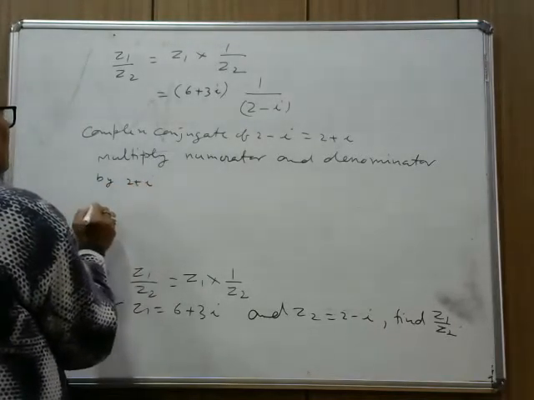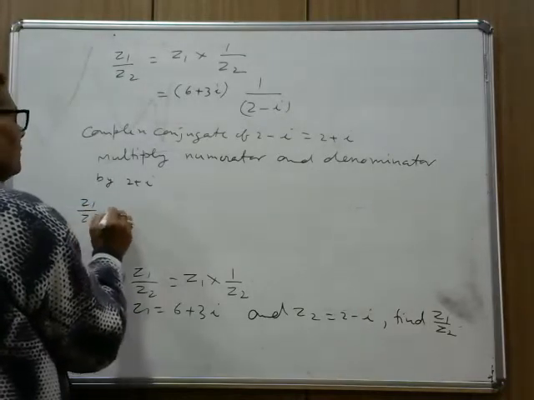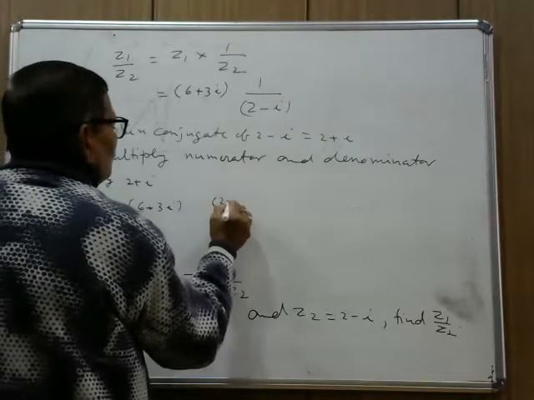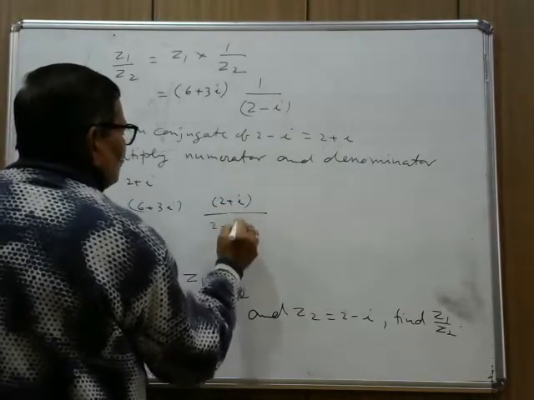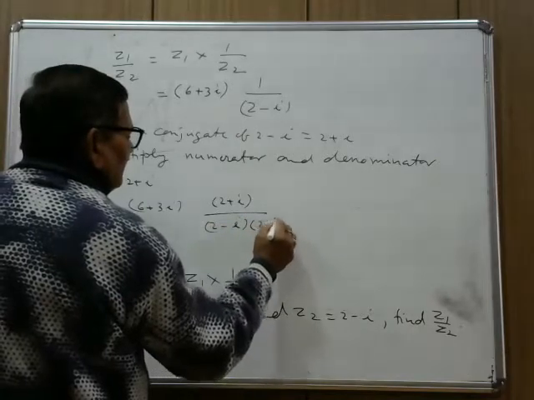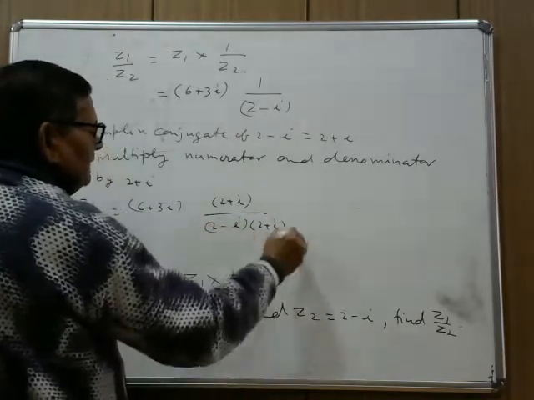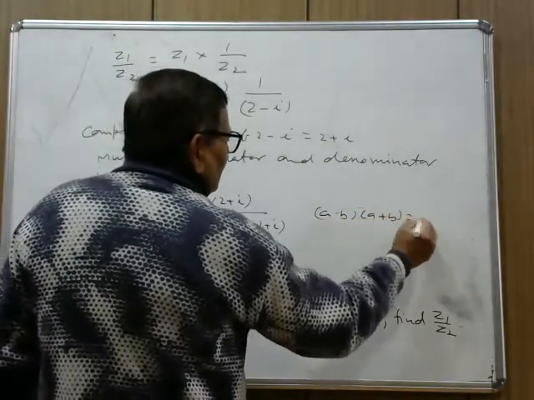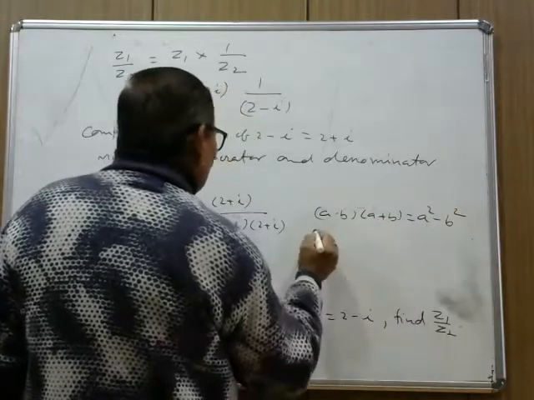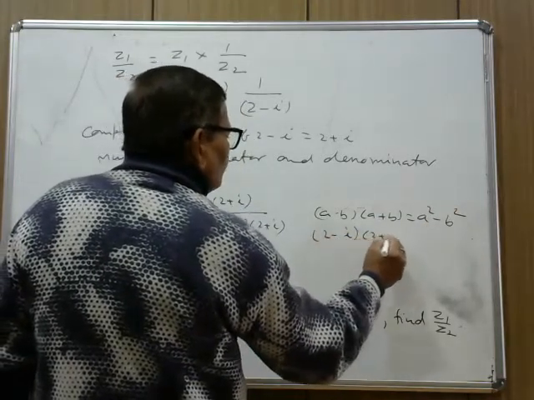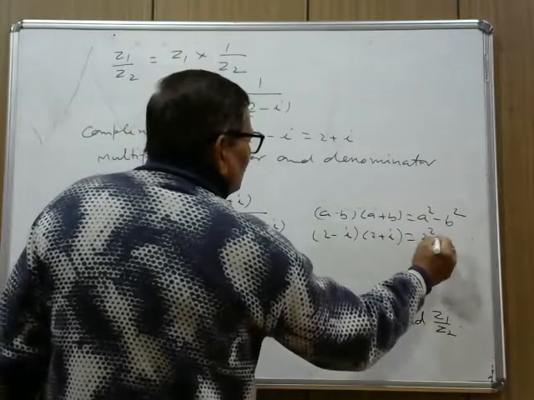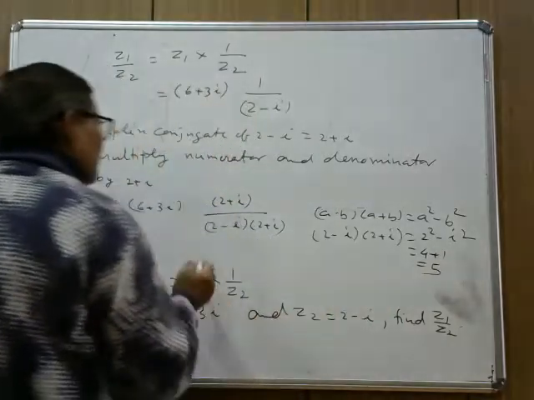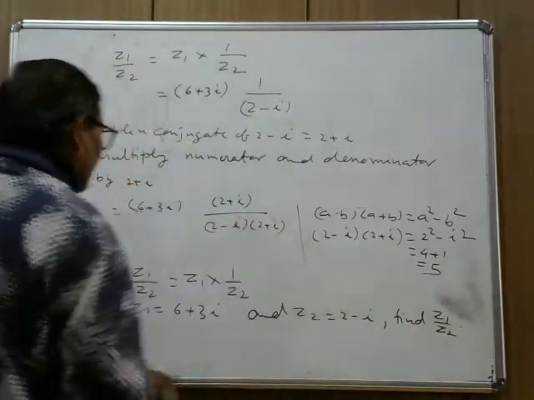We obtain z1 by z2 equal to (6 plus 3i) into (2 plus i) upon (2 minus i) into (2 plus i). Here you can apply the formula: you know that (a minus b) into (a plus b) equals a square minus b square. So (2 minus i) into (2 plus i) equals 2 square minus i square, that is equal to 4 plus 1, and this is 5.